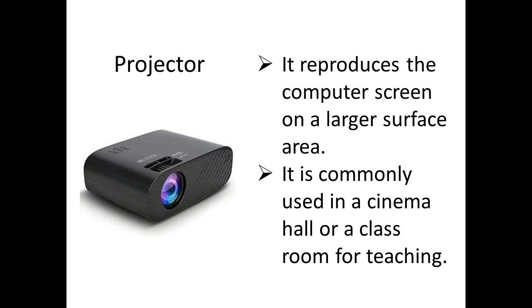A projector displays the image generated by a computer on a flat surface and increases the surface area of display. The most common uses of projectors are in a cinema hall or in a classroom for teaching. You all are familiar with it in our smart class. We are using these projectors to enlarge your data.